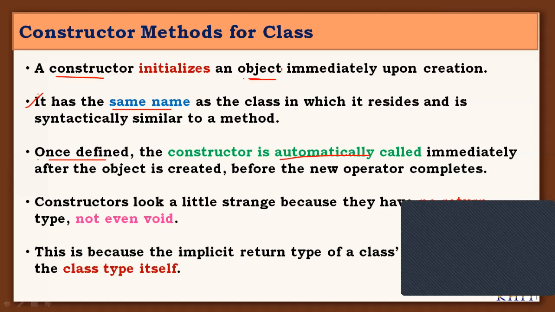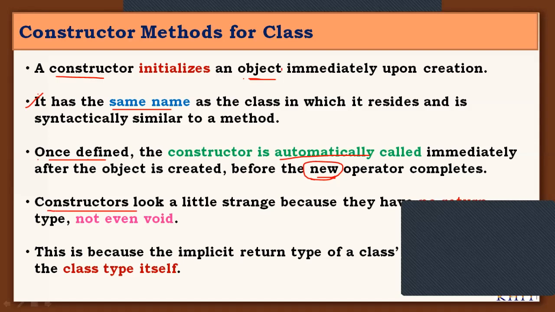Then the compiler automatically calls this constructor for creating objects of that class, before the new operator completes. We know we use the new operator to allocate memory for an object of a class, and we use these constructors to create objects of the class.